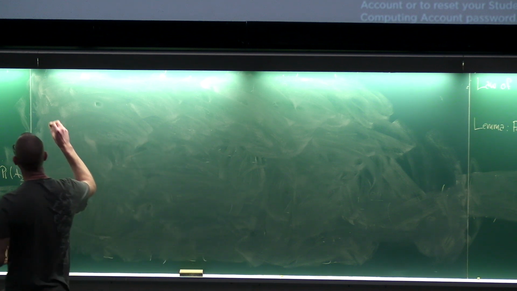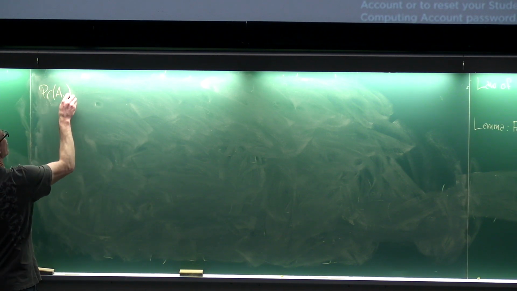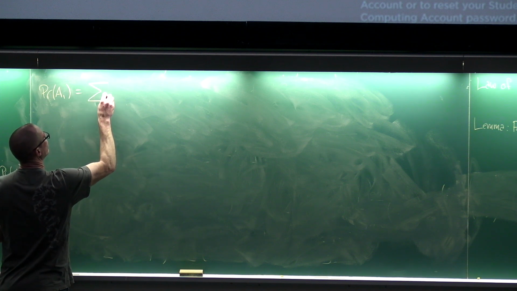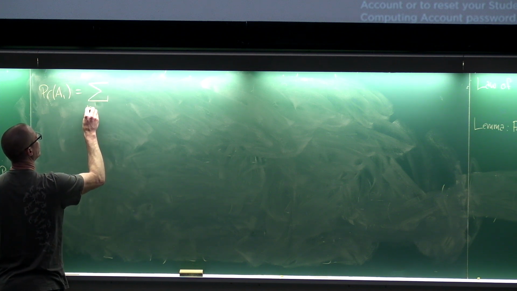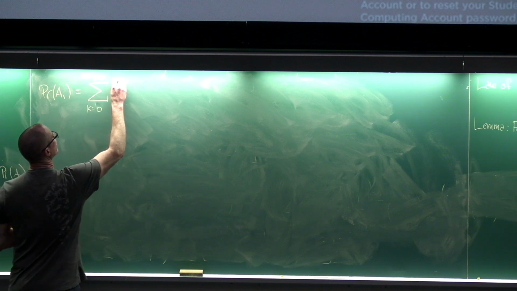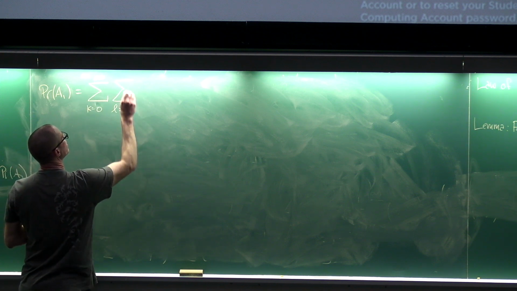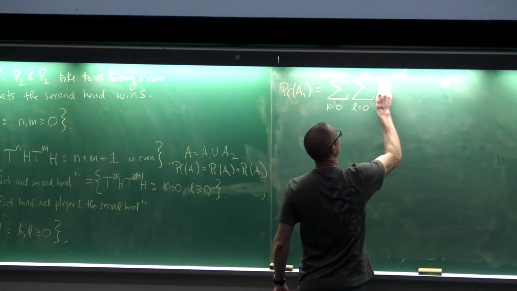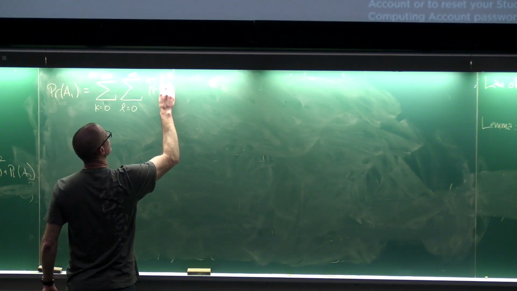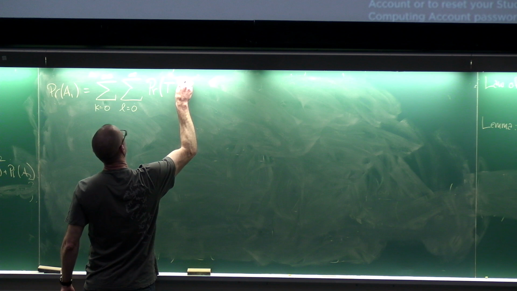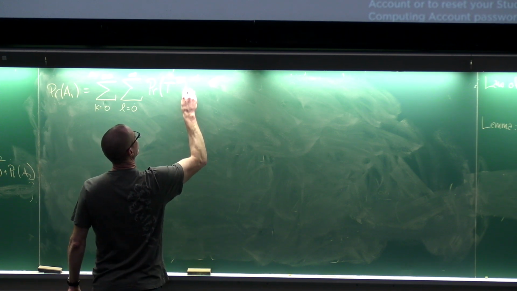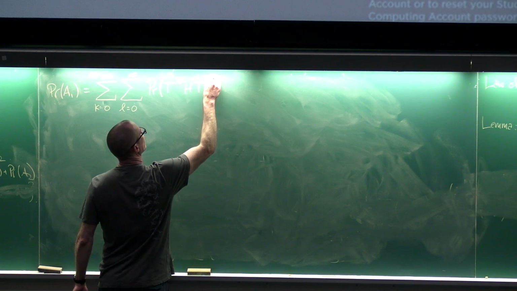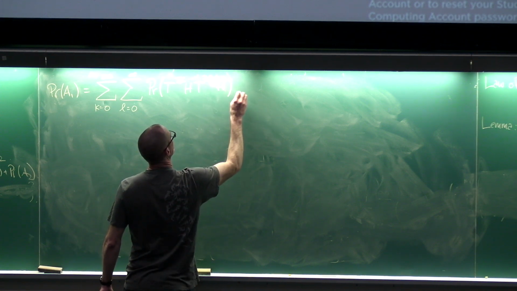Okay, so let's just look at the probability of A1. That's the sum, k equals 0 to infinity, with the sum, l equals 0 to infinity, of the probability of this thing for this k and l. Let's be super explicit about it. This one should be the even one, then head, then 2l plus 1, then head.